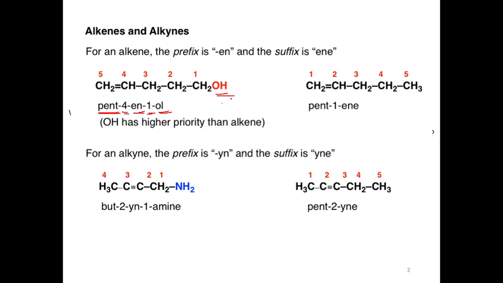And the numbering will always start with the carbon atom which has the highest priority functional group attached to it. The carbon atom which is attached to the highest priority functional group will always get number 1. Always give number 1 to that carbon atom, and we will start counting from that side only.